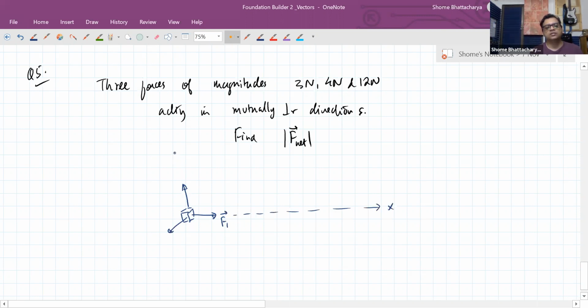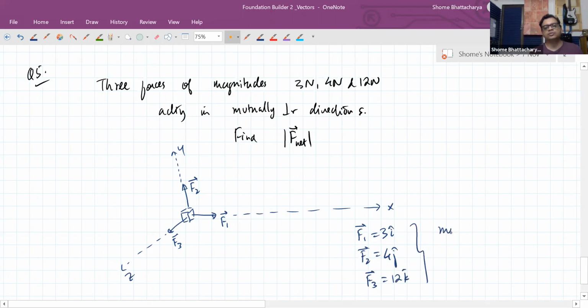This is force F2 acting along the y-axis, and this is force F3 acting along the z-axis. So you can see that we can write F1 as 3 i cap, F2 as 4 j cap, and F3 will accordingly become 12 k cap because they are mutually perpendicular.